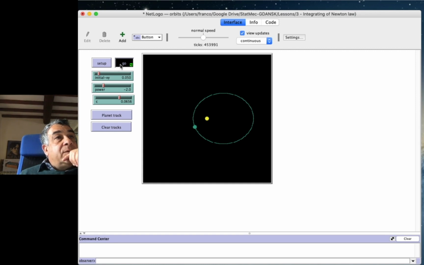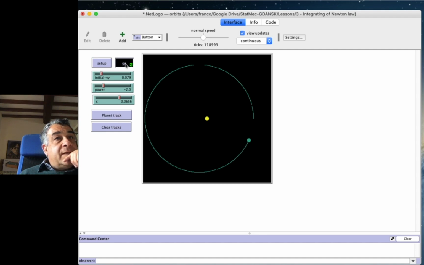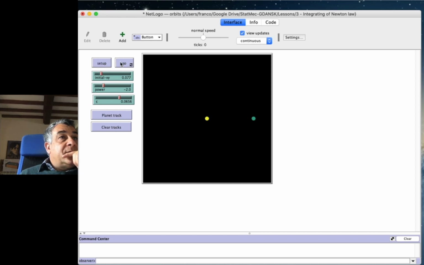I clearly could also try to have almost circles like here, probably a bit less initial conditions.